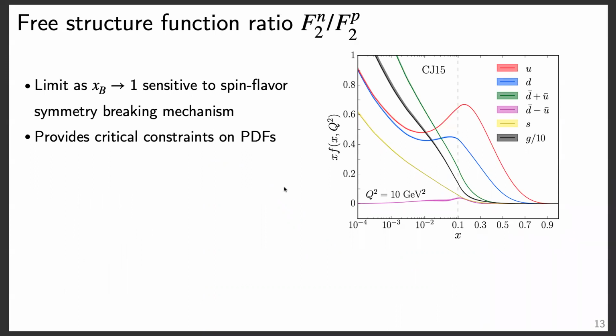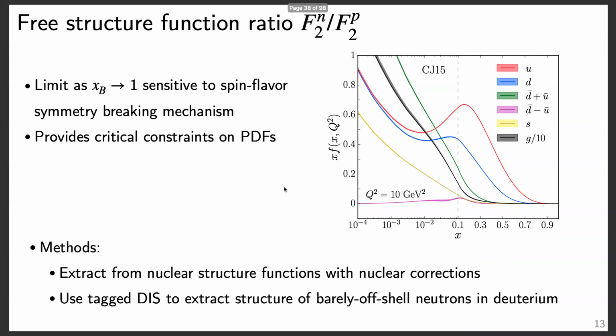In addition, it provides critical constraints on the PDFs, mostly the ratio of D over U, which is one of the major sources of uncertainty for theoretical predictions at high energy colliders. So by constraining these PDFs, we can reduce the uncertainty in predictions for these experiments.